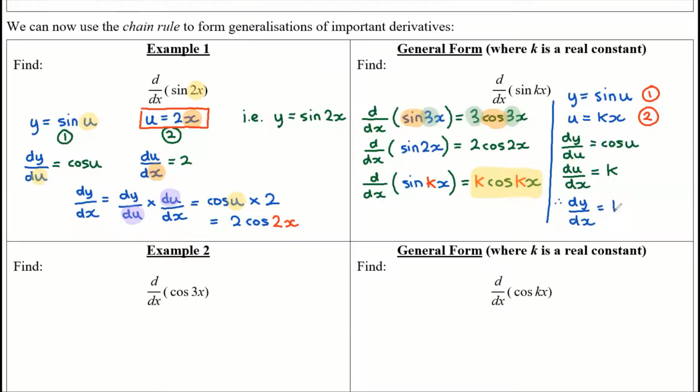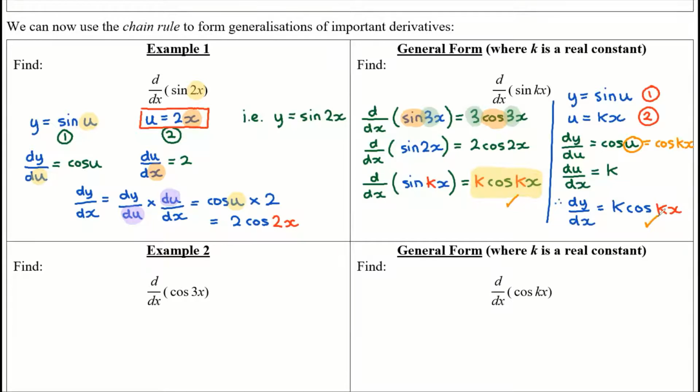So that's k cos of u, but we know that u is kx, so that's going to be k cos of kx. You can even state in this step that because it's a u in there, that's going to be cos of kx. So that does check out. Our hypothesis, just by looking at the pattern, does indeed work.